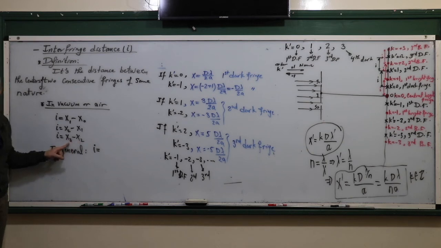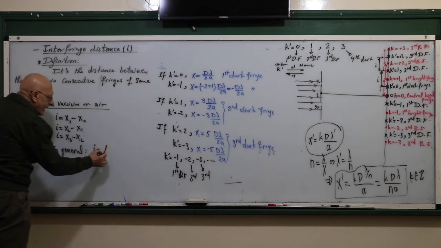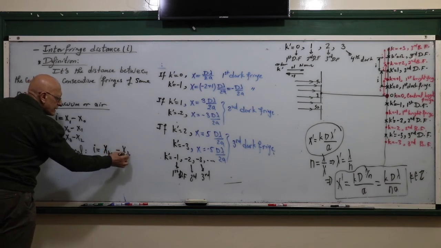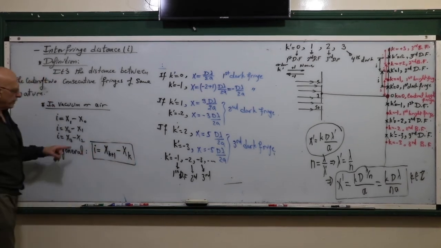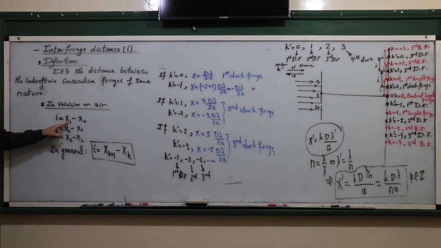So in general I can write x(k plus 1) minus xk. This is I in the general form. 1 is more than 0 by 1, 2 more than 1 by 1, 3 more than 2 by 1.